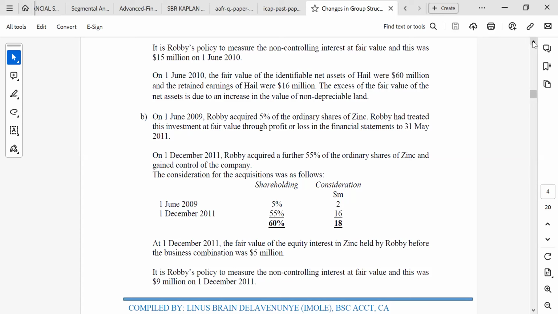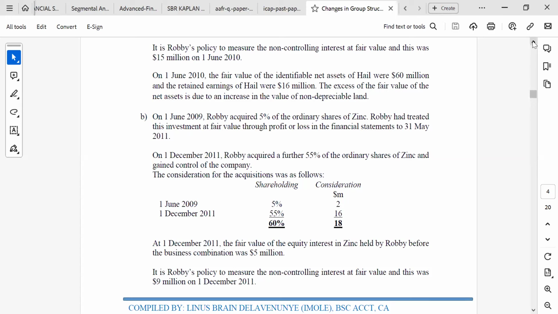On 1st June 2009, Robbie acquired 5% of the ordinary shares of Zinc. Robbie had treated this investment at fair value through profit or loss in the financial statements to 31st May 2011. On 1st December 2011, Robbie acquired a further 55% of the ordinary shares of Zinc and gained control of the company.